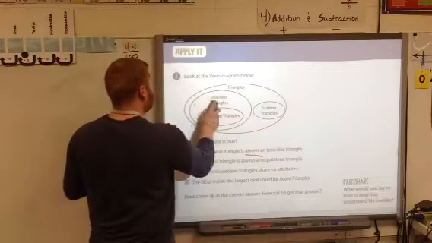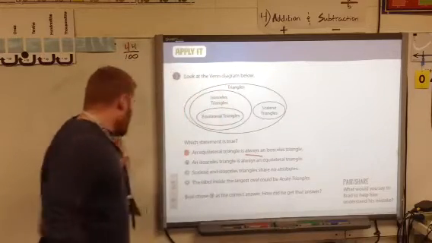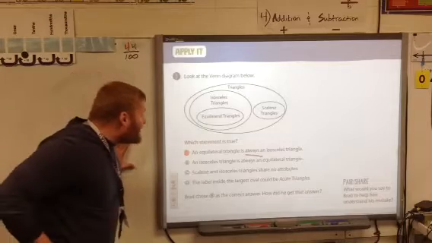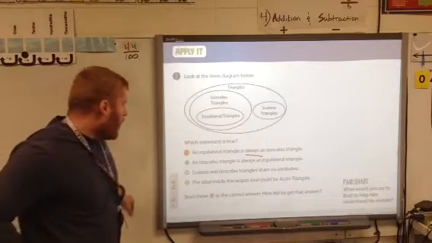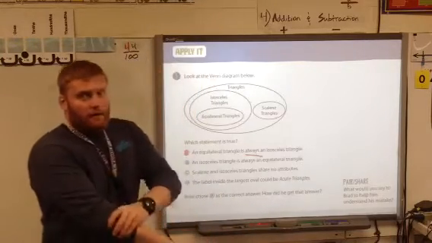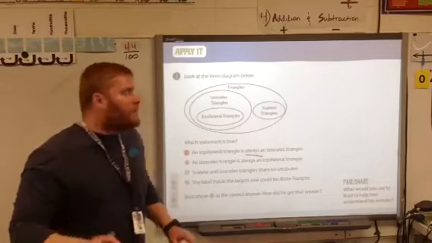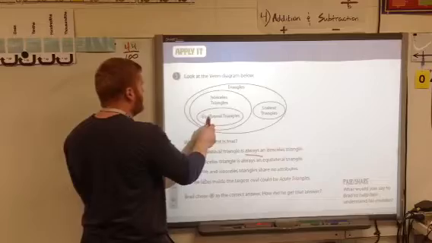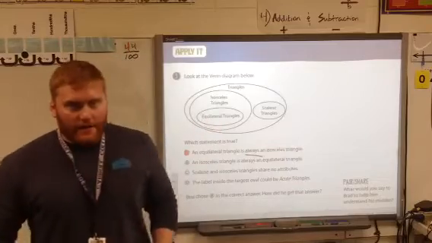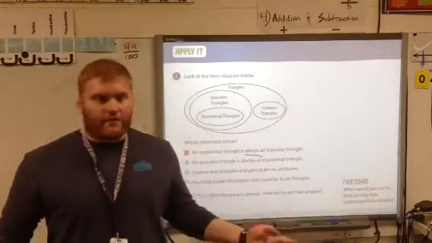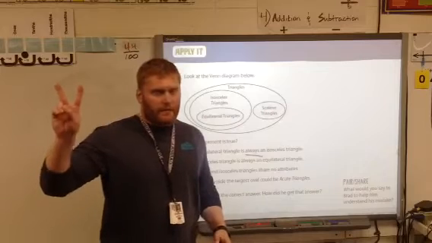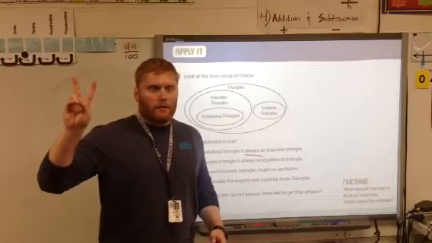Okay, let's see. An isosceles triangle is always an equilateral triangle. So it's actually the reverse of what we just talked about. But we know that an isosceles triangle cannot always be an equilateral triangle, because sometimes in isosceles triangles, there's only two sides that are of equal length, not three.